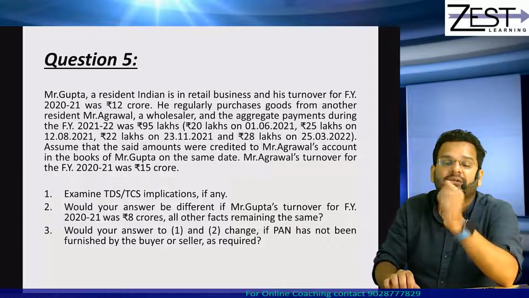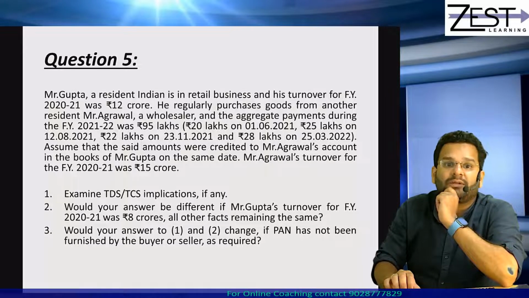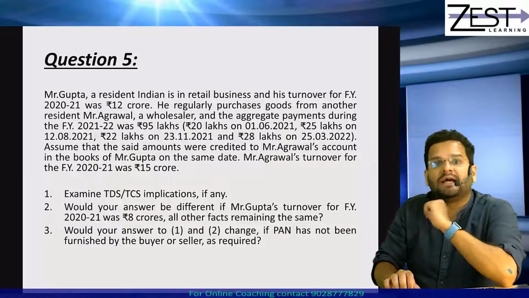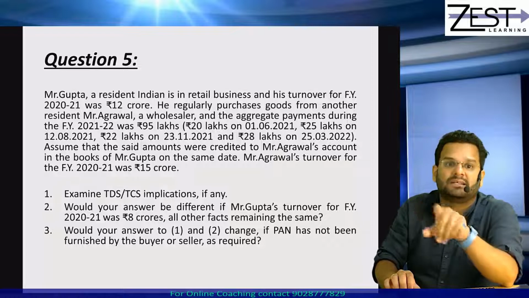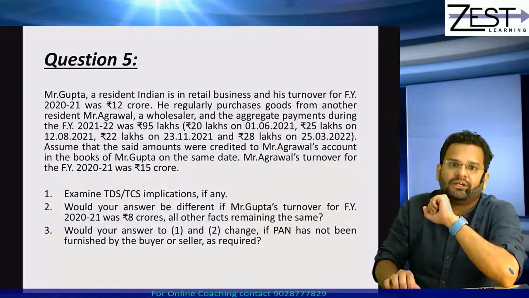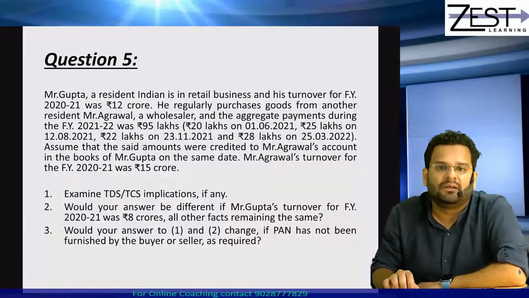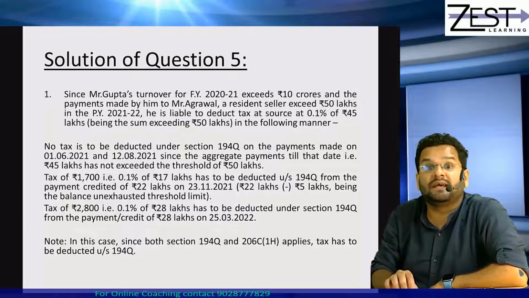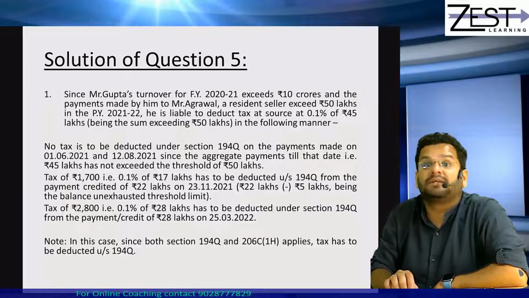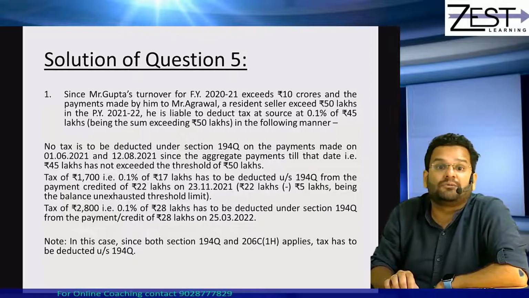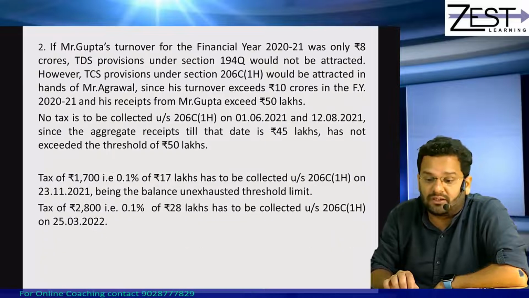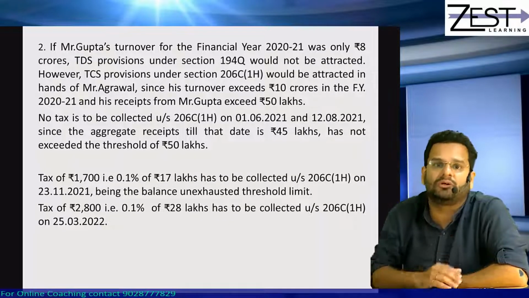No TDS implication because हमने क्या discuss किया, when the buyer's turnover in last year exceeds 10 CR, then only TDS provisions get applicable. तो यहाँ पे तो TDS अप्लाई नहीं होगा सेकंड केस में, तो TCS अप्लाई होगा. But still I will recommend that you do the TCS provisions in depth, तो ये सेकंड सॉल्यूशन समझने में और आसानी होगी.